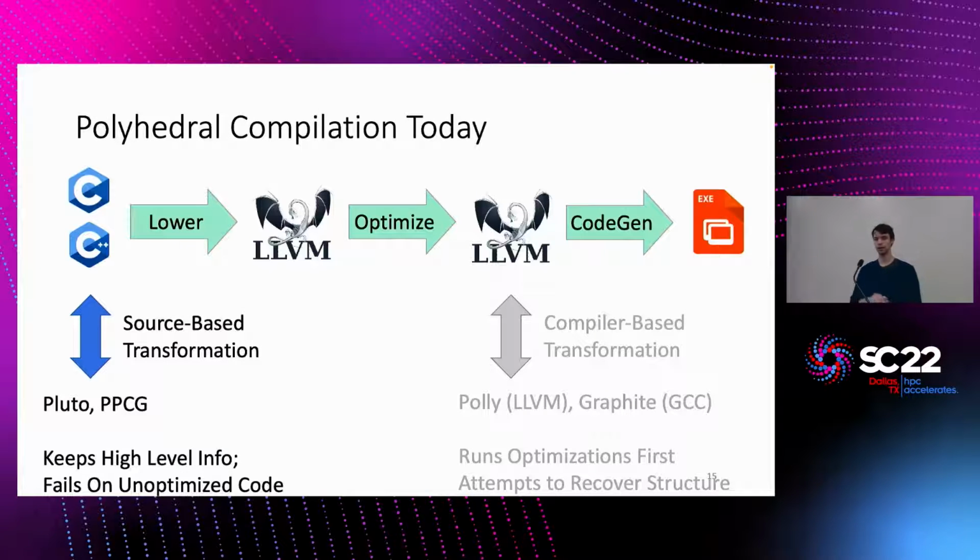So polyhedral compilation is currently done in 2 different forms today. The first of which is, if we look back at that same compilation pipeline that we saw earlier, we could apply it directly on the C and C++ source code side, and there are 2 different tools that are used for this, such as Pluto or PPCG.